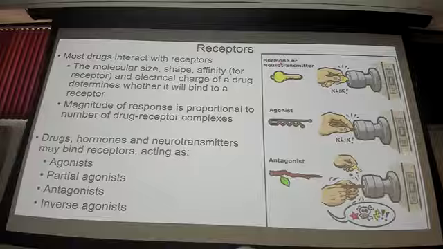Shown here, a drug that is producing a similar effect as an endogenous molecule is an agonist. A drug that blocks the effect of, or blocks the function of that receptor is an antagonist. So we have partial agonist, antagonist, and inverse agonist.